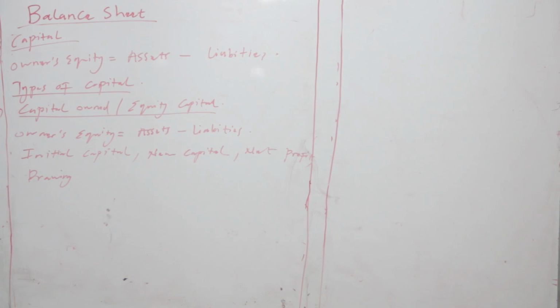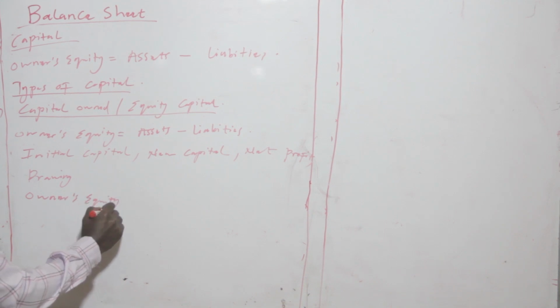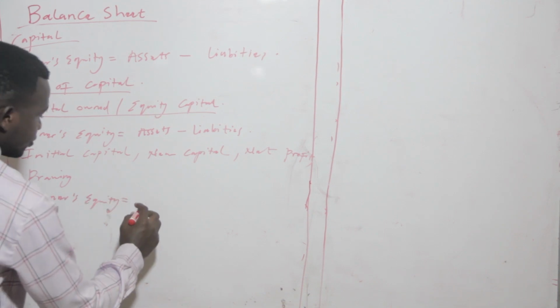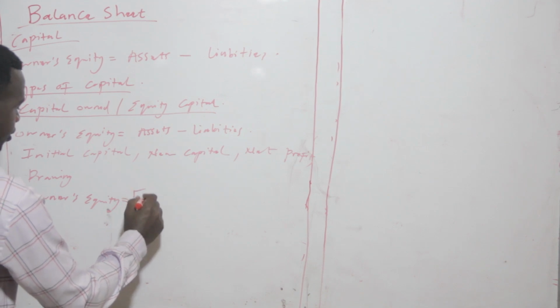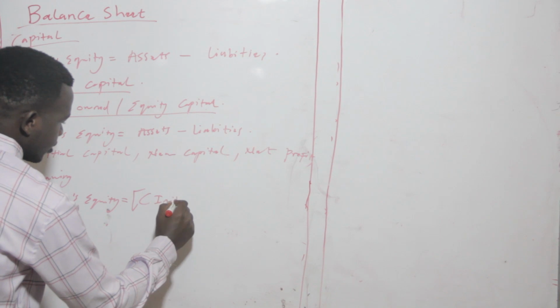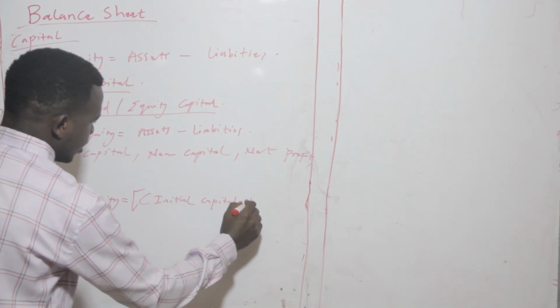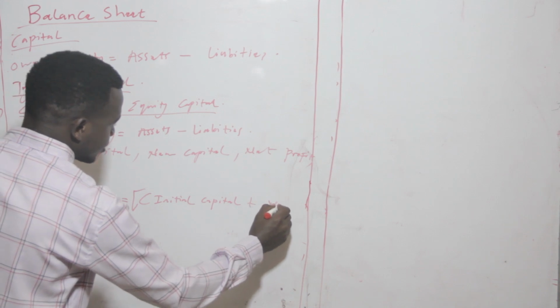So in a case where you have initial capital, then you have new capital, then you have net profit and drawings, our formula is going to change. So we are going to say owner's equity is equal to, we are going to first add the initial capital plus the new capital.